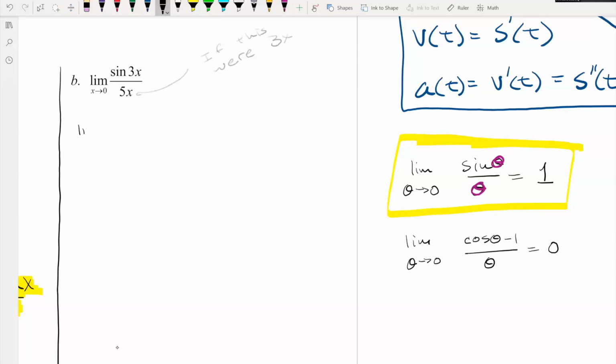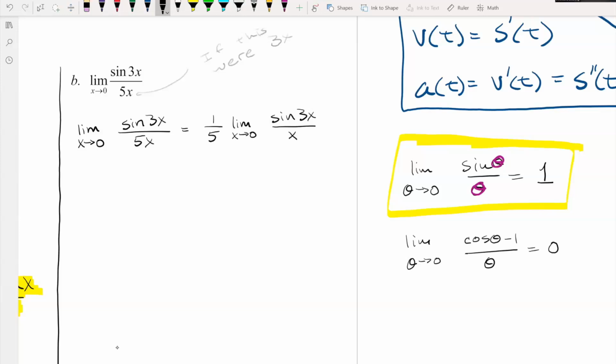So let's notice that I can rewrite this like this. Okay, what did I just do so far? I pulled out a constant factor of 1/5, right?